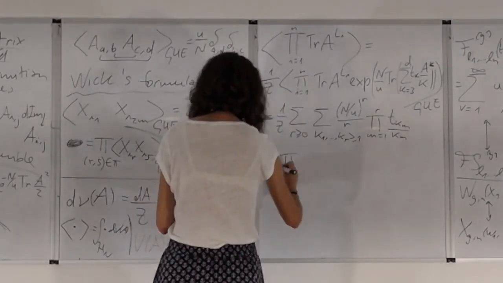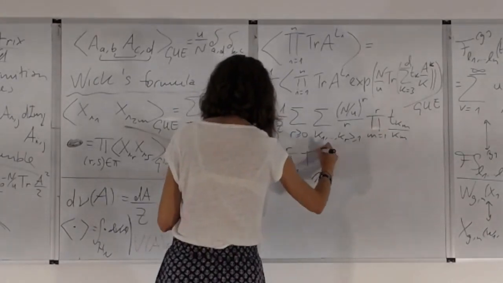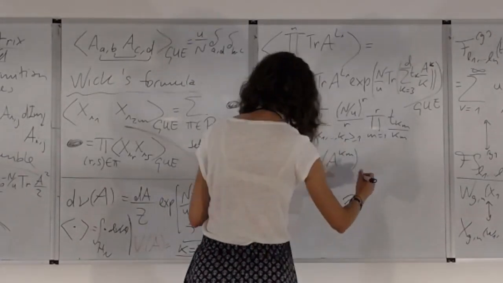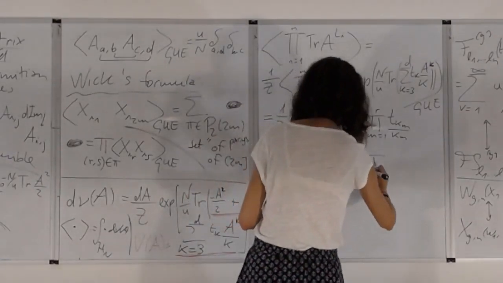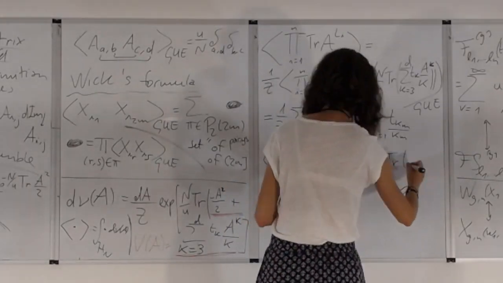And then inside of the integral, you just have the products that come from the expansion of traces of A to the k_m, and products of the traces that were already there. So these ones are not new.